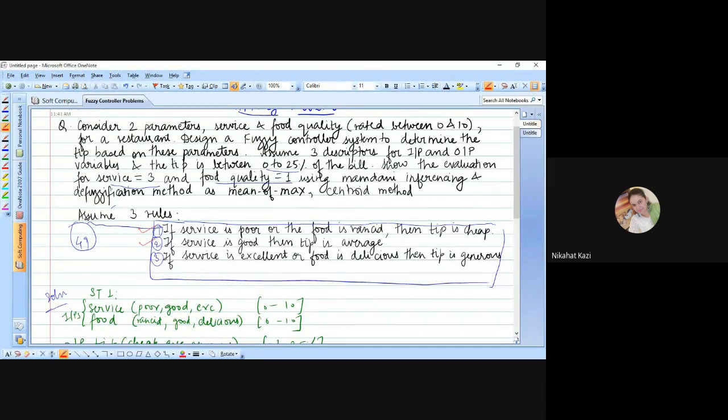Okay, so there is only one rule, and that is this one. So this rule is mapping to food is rancid. Okay, so these are the 2 rules that we need to consider while computing the output. Are you getting it? Yes.